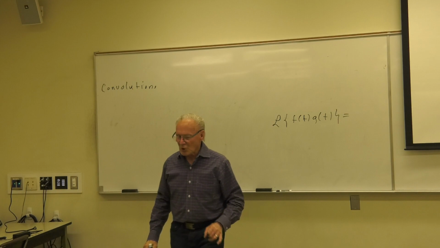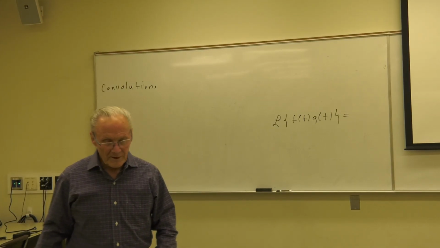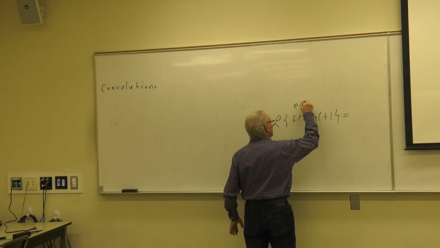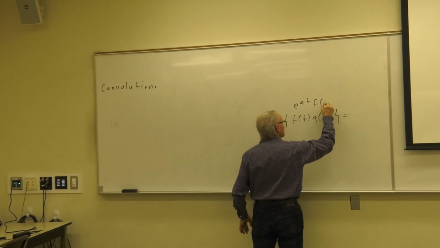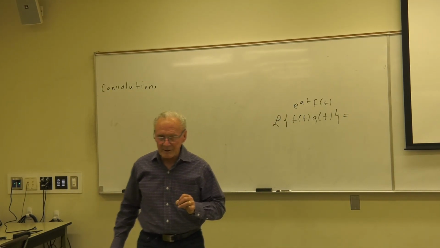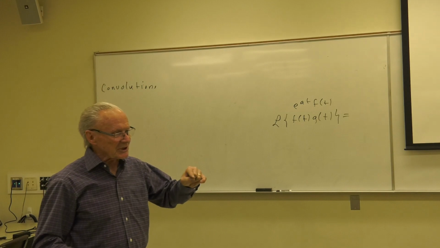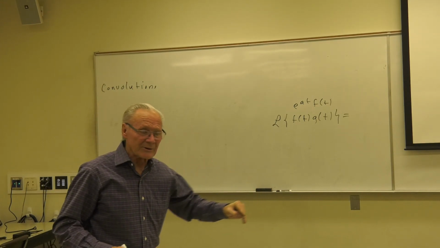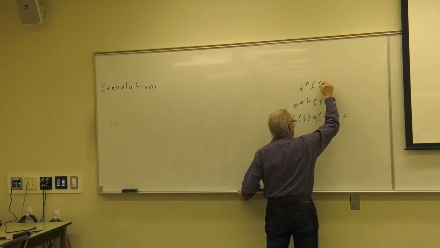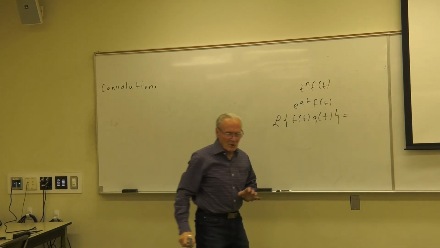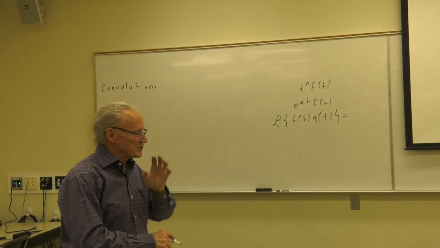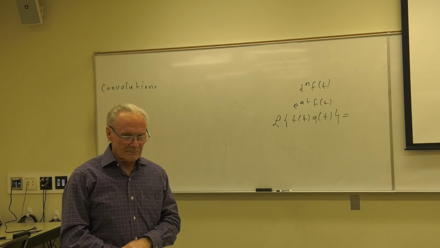And the answer is no. There are certain combinations, like if you have in here e to the at f of t, there was a formula on that page that handled that. In section 6.7, which you're not going to get, there's a way to handle t to the n f of t. But in general, there's no formula for the Laplace transform of a product.